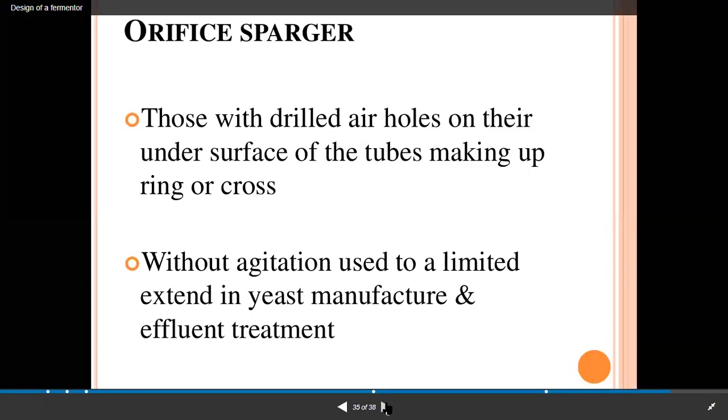Then orifice spargers, those with drilled air holes on the under surface of tubes, making up a ring or a cross. Without agitation, used to a limited extent in yeast manufacture and effluent treatment.